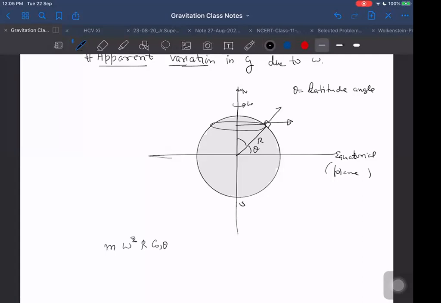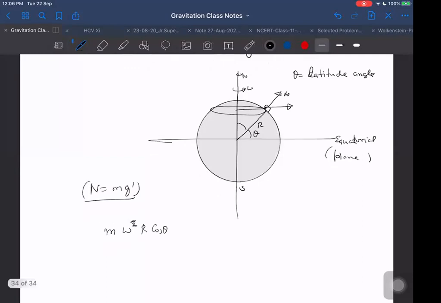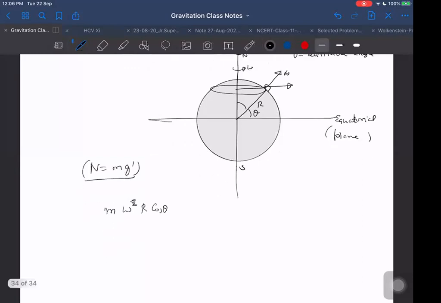But I want the normal. Apparent weight will be regarded as m into g dash. What is the apparent weight now? Force component, minus m omega square r cos theta.